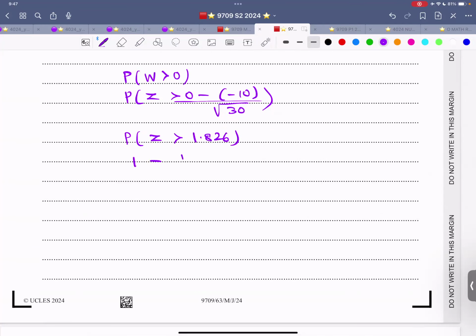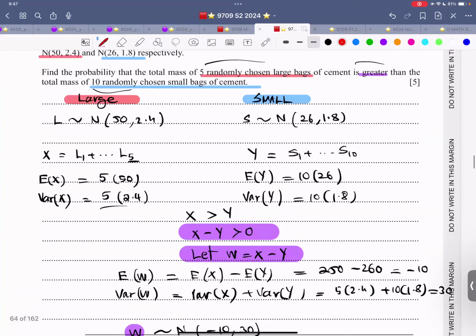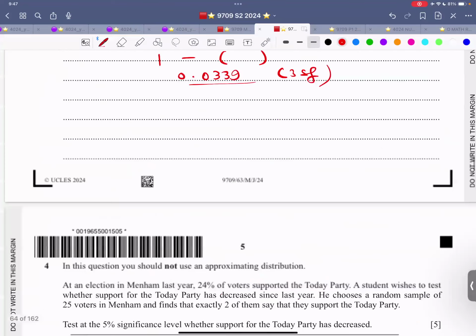Rule number 2, 1 minus probability Z is lesser than 1.826. Go to the Z table, and use the Z value to find the corresponding probability value. And then this is 1 minus this particular value. I have the value after subtraction, 0.0339. That's the answer, correct to 3 significant figures. So that's a linear combination question.